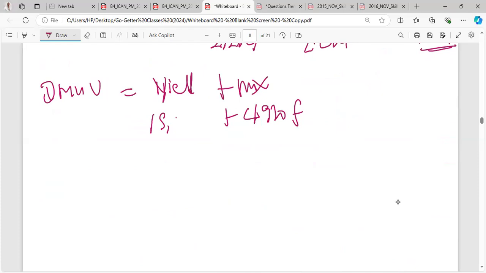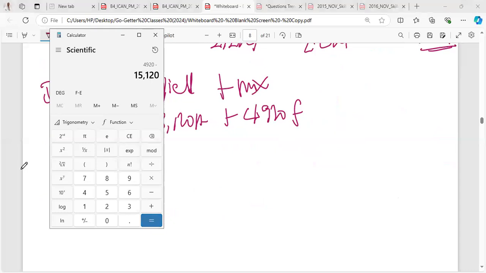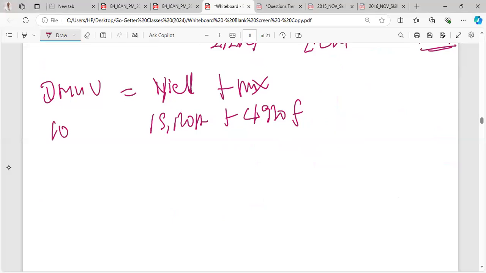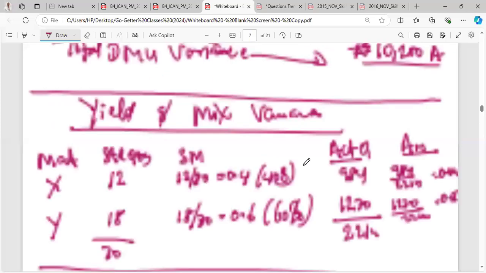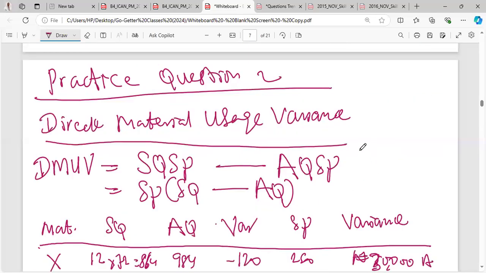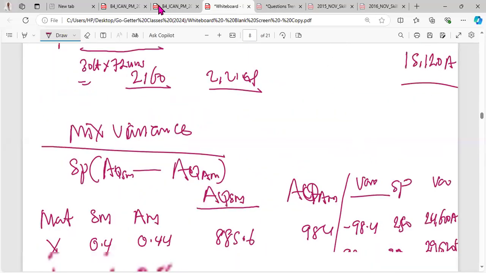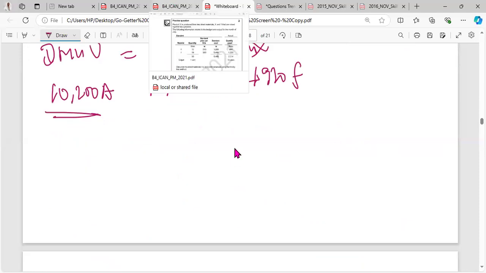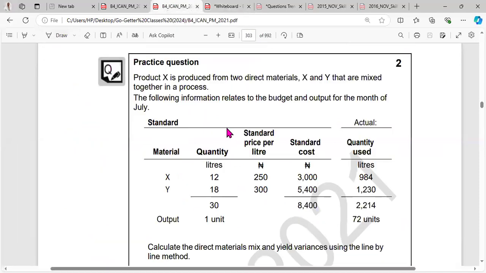So favorable minus adverse gives us 10,200 adverse, which is what we got when we did the direct material usage variance. It will take a little practice for us to get the hang of it.